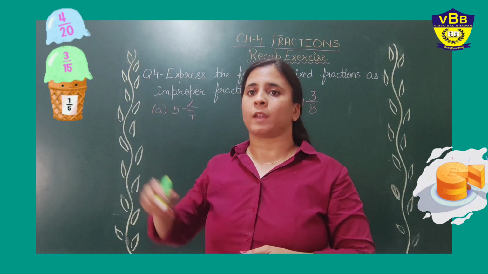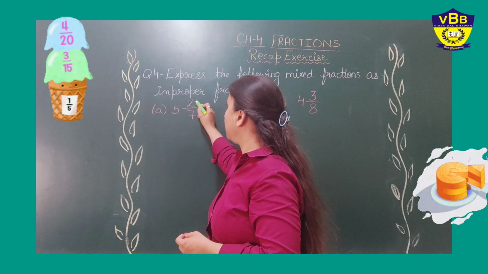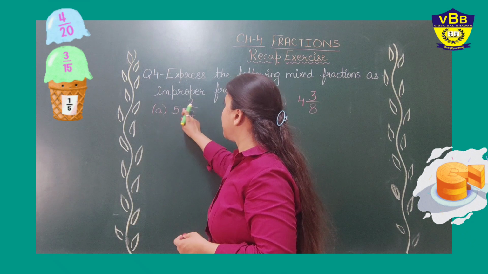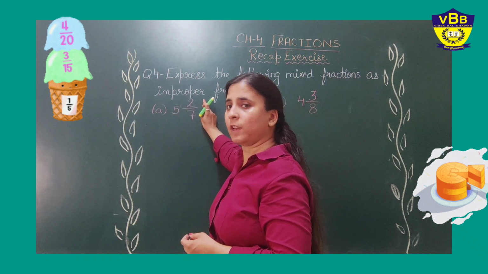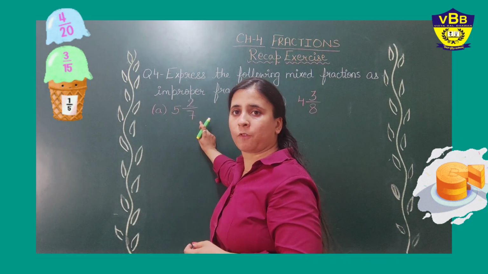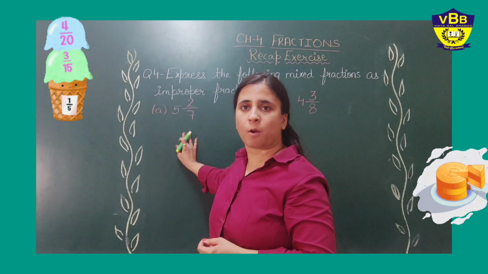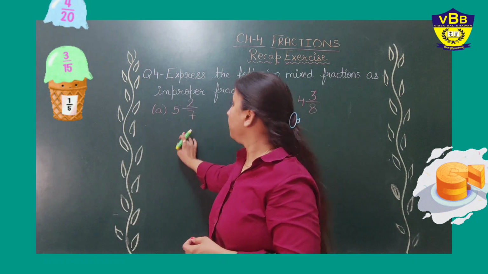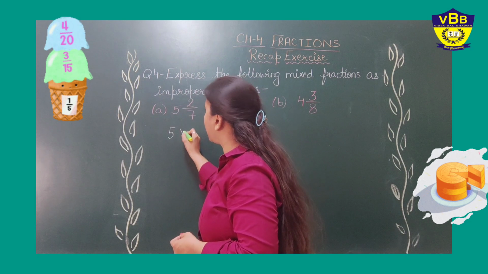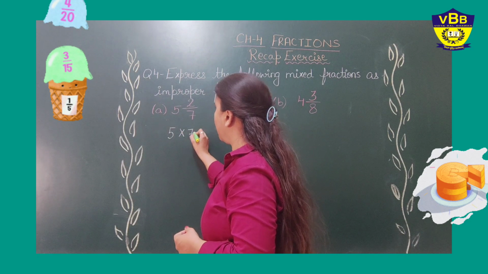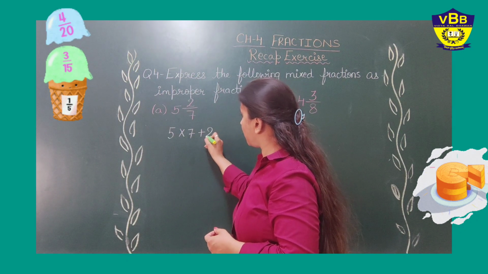Let us see how. Question number 4, A part: 5 whole number 2 upon 7. This is a mixed fraction where we have a whole number and a proper fraction, 2 upon 7. To convert it into an improper fraction, we multiply the whole number with the denominator, and to the product we add the numerator.